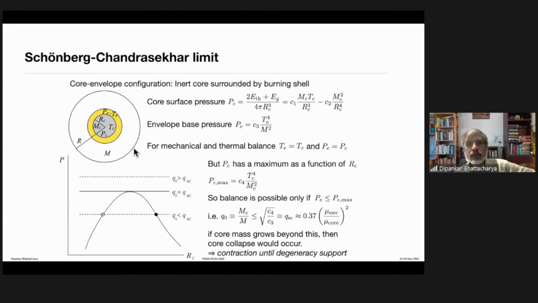So r to the power of 4, I will write as m to the power of 4 by T to the power of 4. And I have G m squared multiplying it. So finally, I will have the quantity which is proportional to T to the power of 4 divided by m squared multiplied by some constant. So the condition for support and equilibrium will be that these two pressures must equal each other. If such an equality is not possible, then equilibrium is not possible.